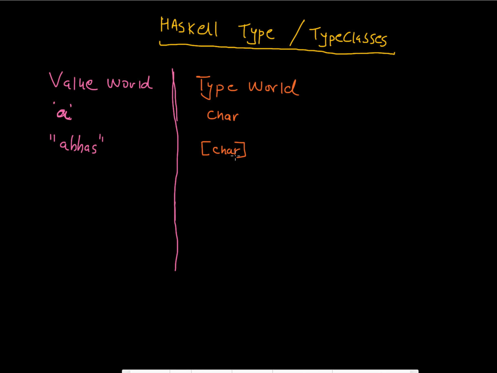Let's play with a few more examples here. Let's just have a value that happens to be a Boolean value, something such as True. The type associated with this value is basically a Boolean value, and the type in Haskell to represent a Boolean value is the Bool type.